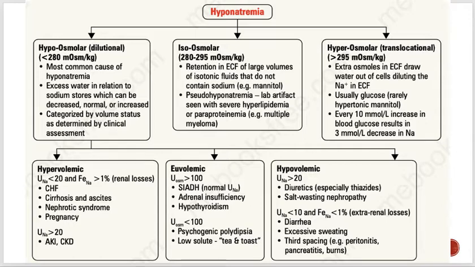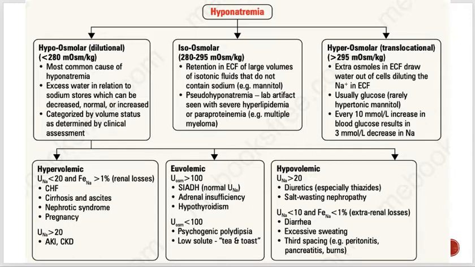Acute hyponatremia is when the hyponatremia develops within less than 24 to 48 hours. And chronic hyponatremia is considered when it develops over a period of 2 days or more. So in acute hyponatremia, they present with signs and symptoms, whereas in chronic hyponatremia, they will be asymptomatic most of the time, because there is adaptation by the cells.